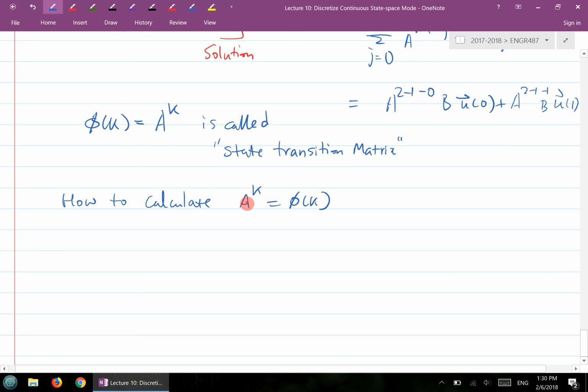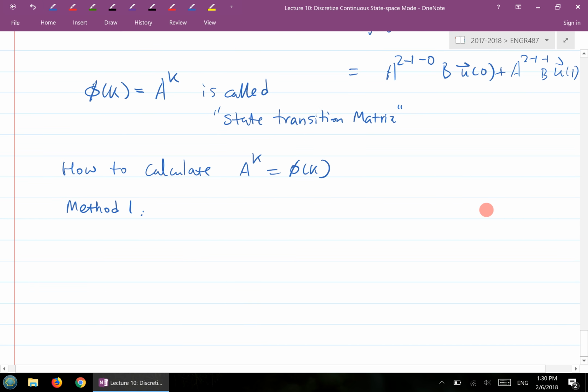Let's look at the first method here. I'll give you two different approaches. For the first method, we're going to start with our original state equation. Here is the original state equation right here.